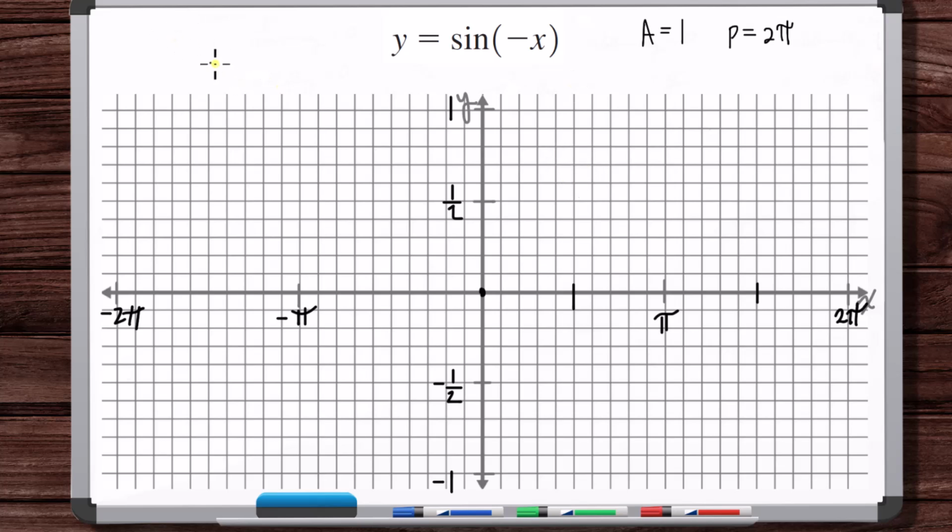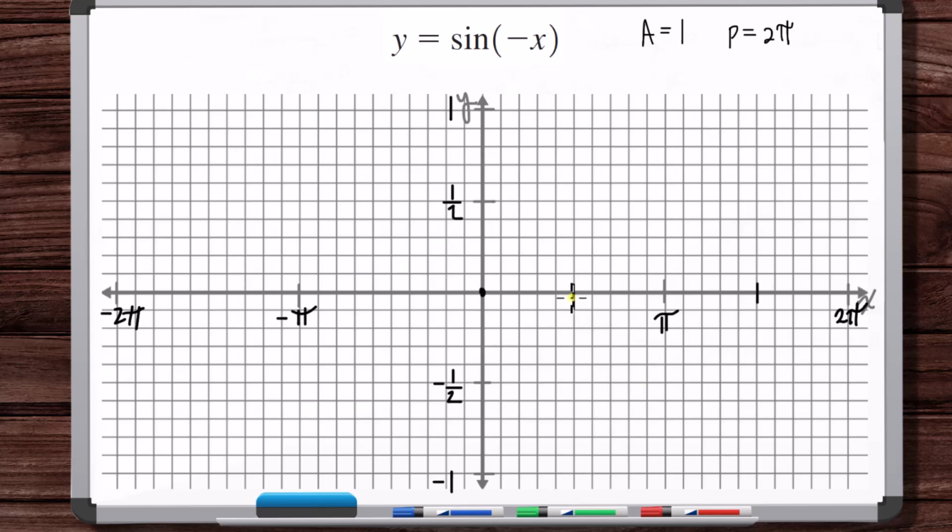So if we think about the sine curve, flipping about the y-axis means we're taking this region and bringing it over here. We've flipped this here, flipped this here.